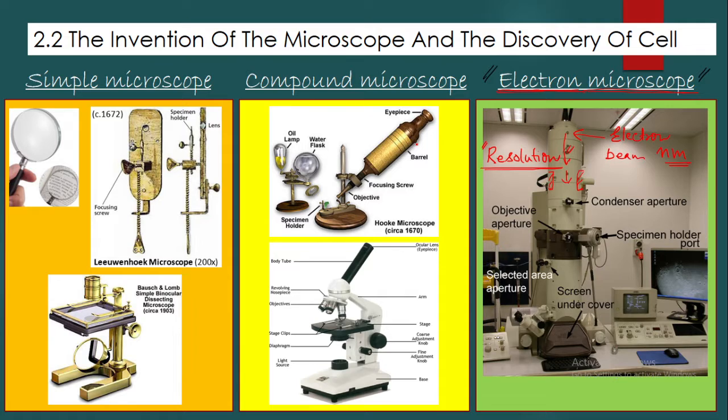Here we can view it directly on a photographic film kind of thing, and the digital display will be available on the computer. So we can adjust fine focus and see live how the different structures of the cell are.